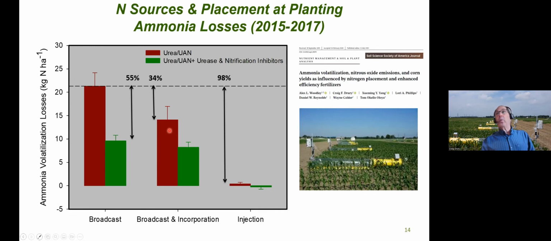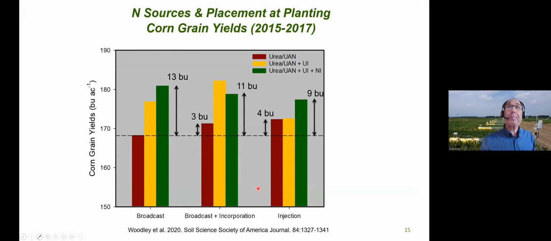But we also had a treatment where, because it was before planting, we were able to broadcast and do some shallow incorporation, maybe in the top inch or so. And just by incorporating a bit, we had a 34% reduction in loss, and even lower when we broadcast as well as add the dual inhibitor. That's the green bar. But as we've seen before, injecting almost eliminates losses, a 98% reduction just by injection. But injection with inhibitors, we actually see a net increase because of ammonia deposition, which occurs from the air.